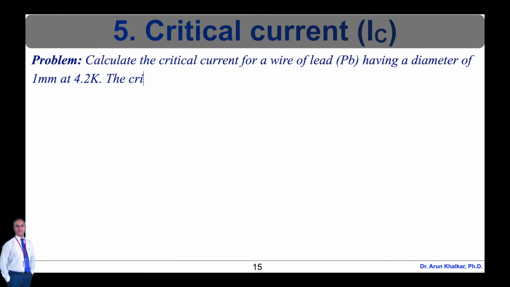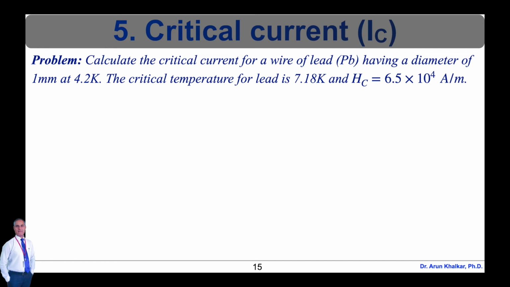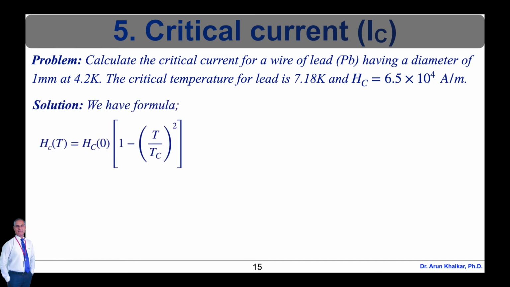Now let's see one more numerical. Calculate the critical current for a wire of lead having a diameter of 1 millimeter at 4.2 Kelvin. The critical temperature for lead is 7.18 Kelvin and the critical magnetic field Hc is equal to 6.5 into 10 raised to 4 ampere per meter. The solution of this problem is as follows. We have the formula HcT is equal to Hc0 into bracket 1 minus T upon Tc whole squared.